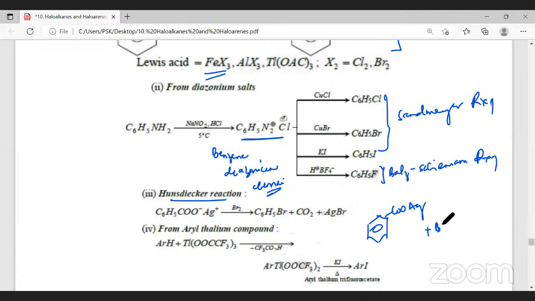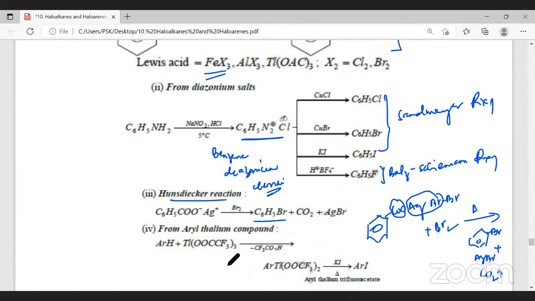When you brominate and heat it, the COO gets eliminated as carbon dioxide, and the silver and bromine are eliminated as AgBr. What is left is a benzene ring and this bromine, so you get bromobenzene. This is called Hunsdiecker's reaction.